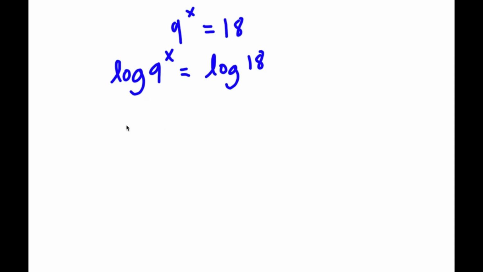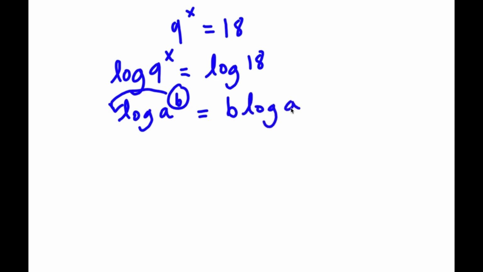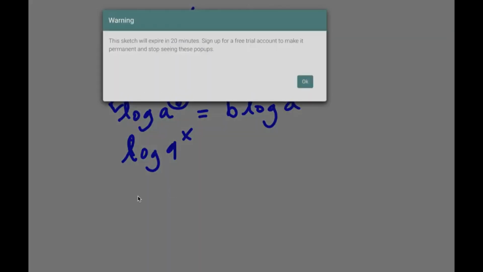Now, an important property of logarithms is that, let's say we have something in the form log a to the power of b. We can actually move this exponent b to the front of the logarithm. So this is going to equal b times log a. So I'm going to use this property on log 9 to the power of x.